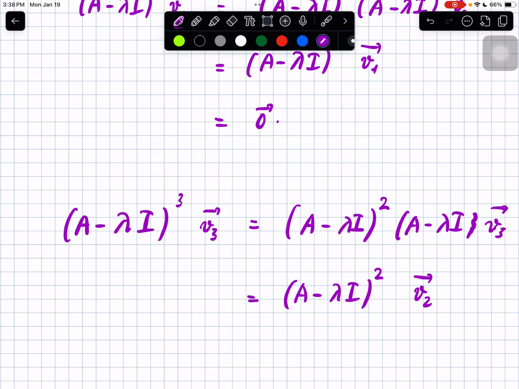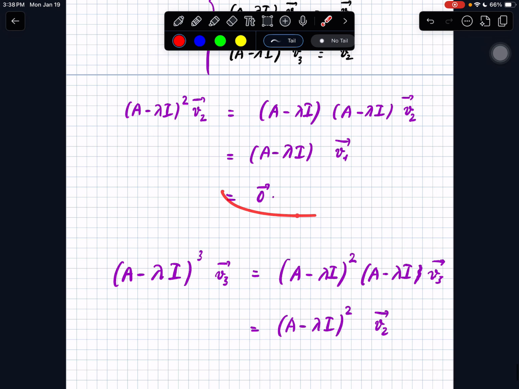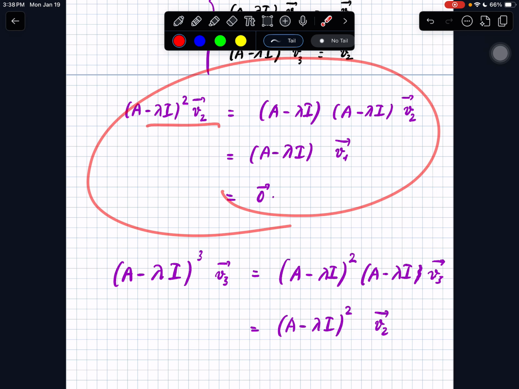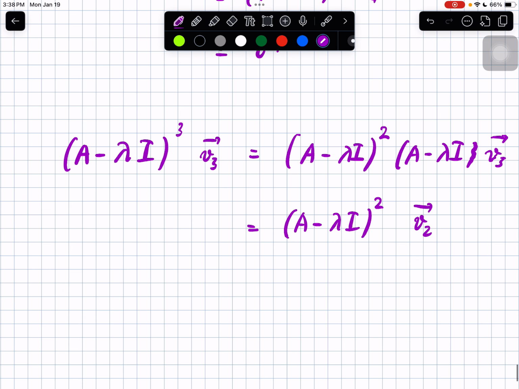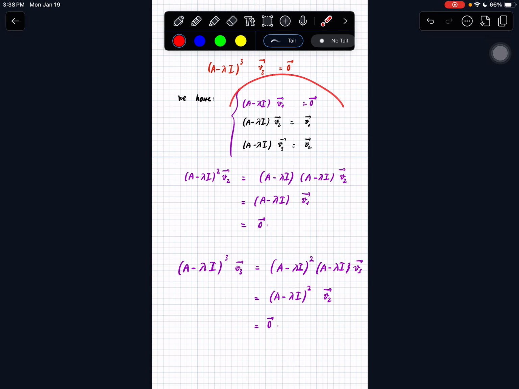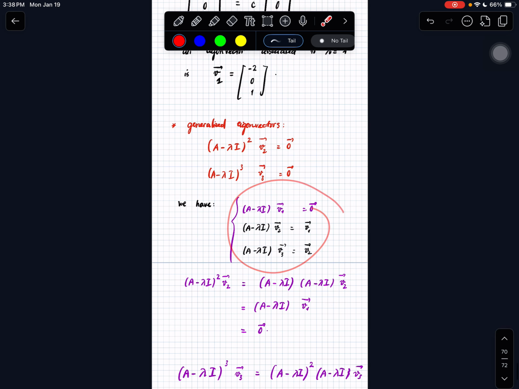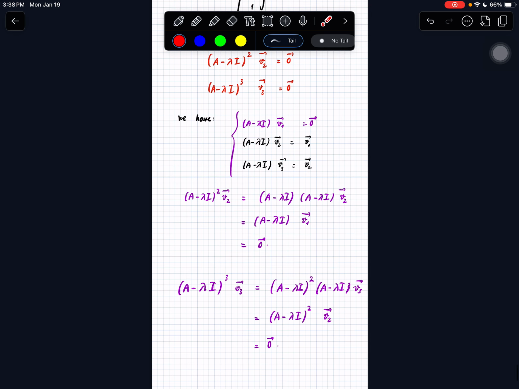But as we have shown here, this is 0. So from the three equations, we can deduce the two equations here for generalized eigenvectors. That's just good to know.